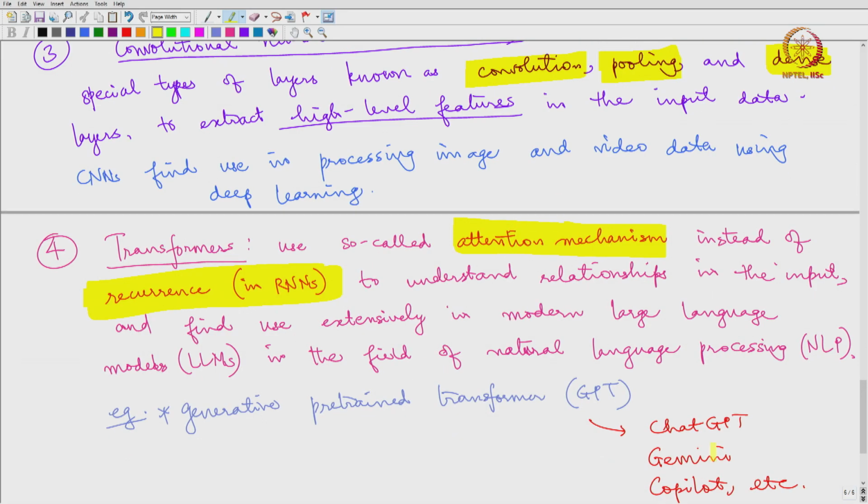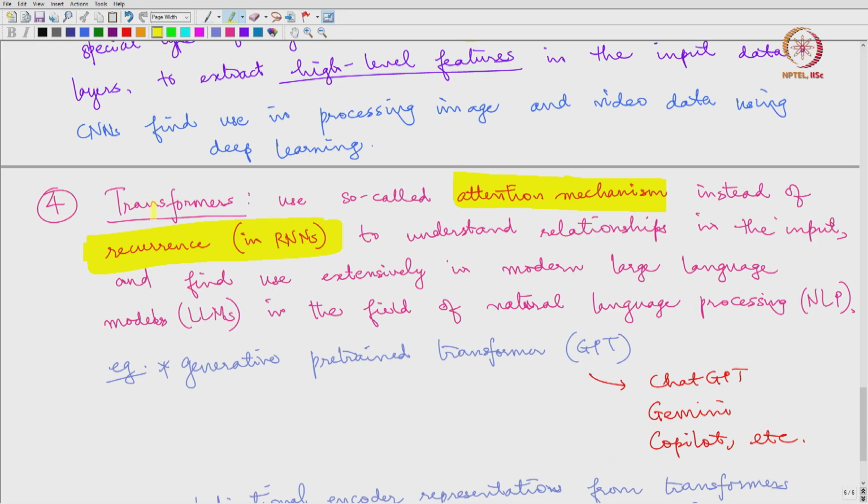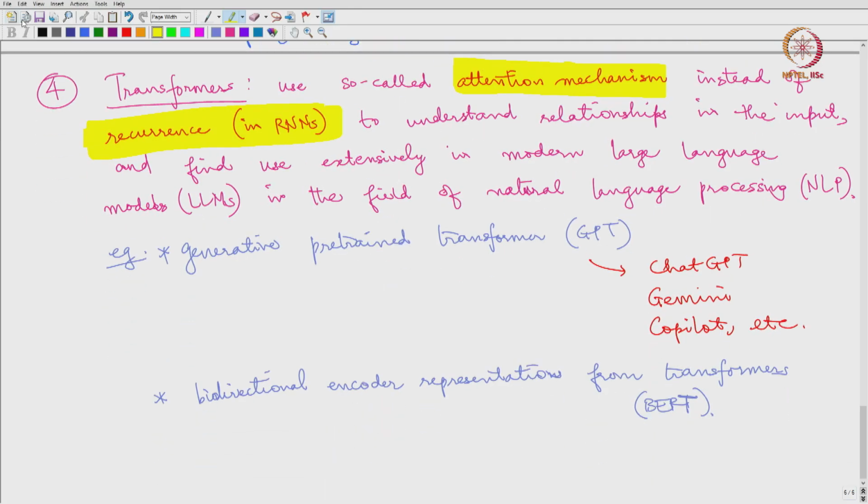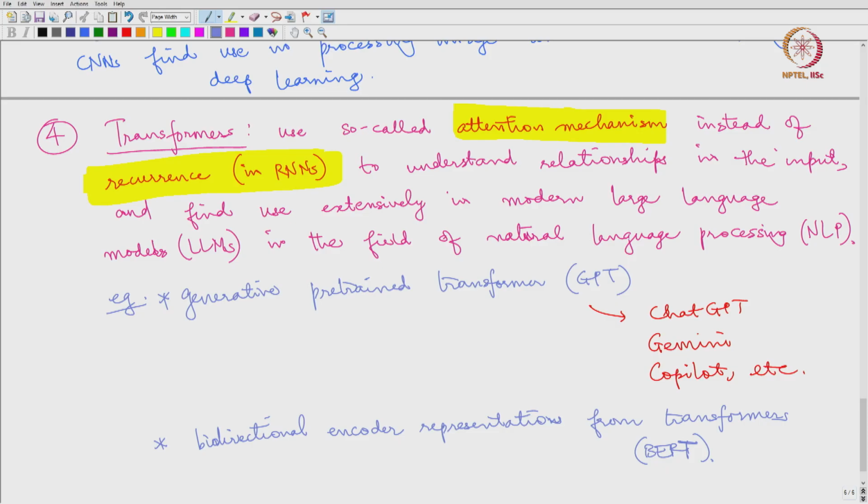This is done through various variables known as query, key and value, and we will discuss a little bit about transformers in this course to the extent that is possible, given that this is an introductory course.